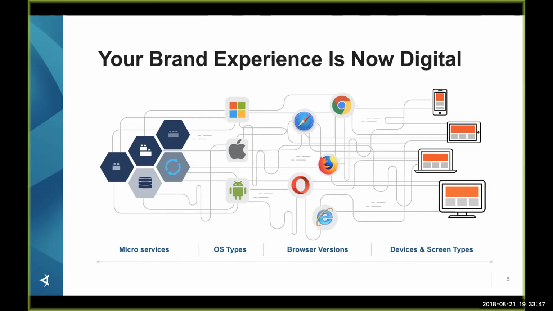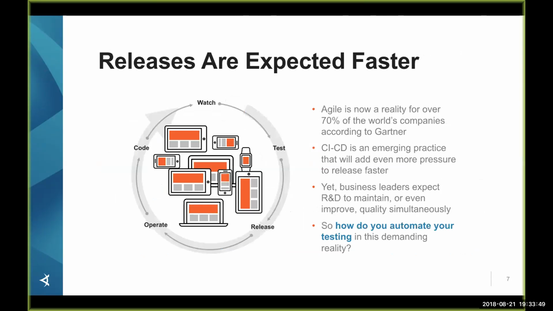And there's just not the manpower to do that. Regardless, the company still expects faster releases more frequently. So as you automate everything, how do you automate your visual testing?